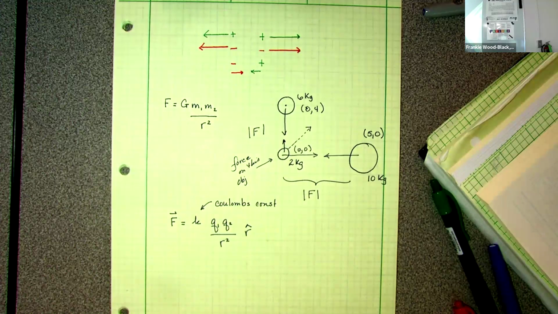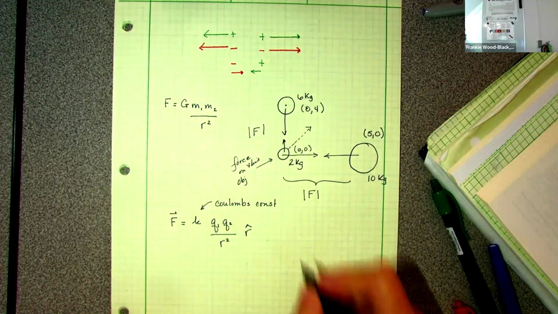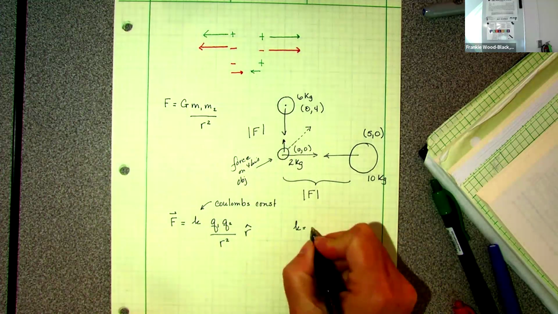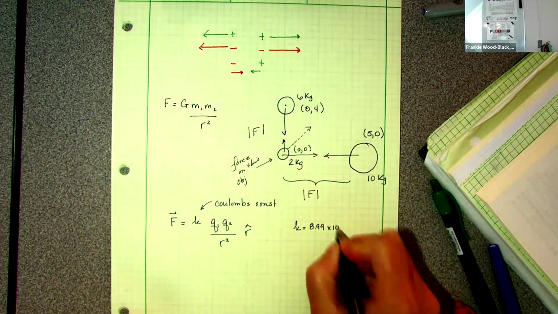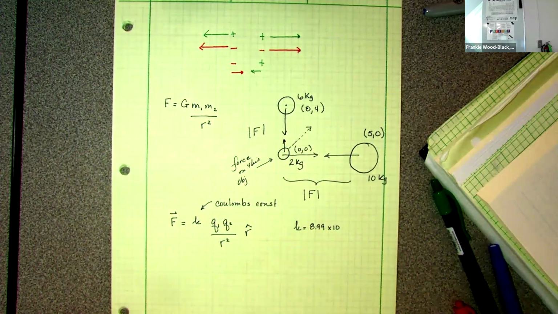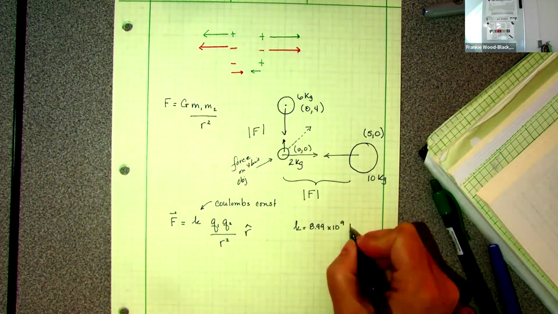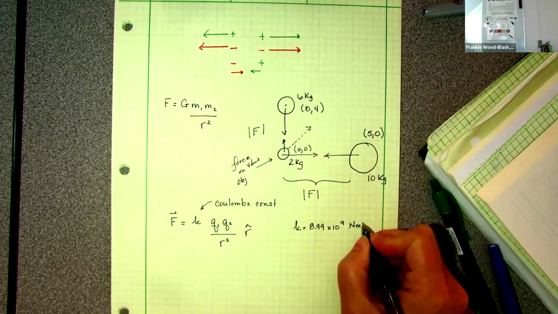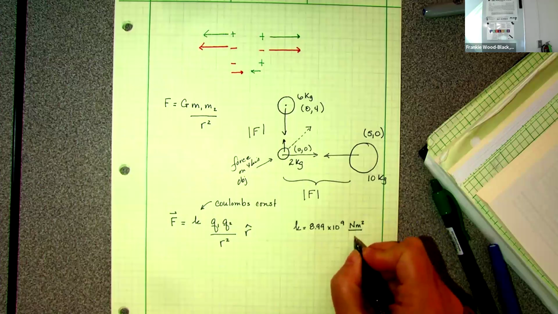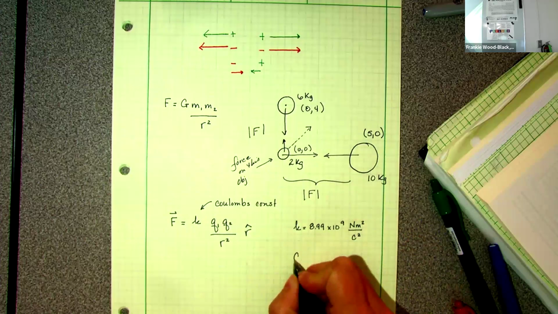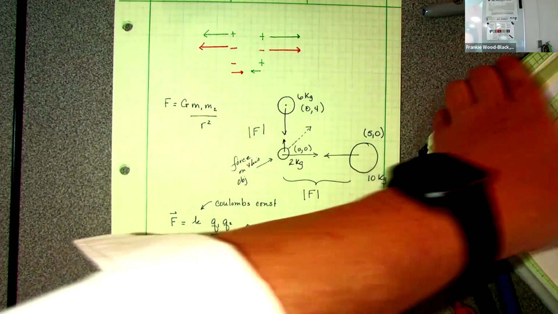Now, Coulomb's constant is 8.99 times 10 to the 9th newton meters squared per coulombs squared.